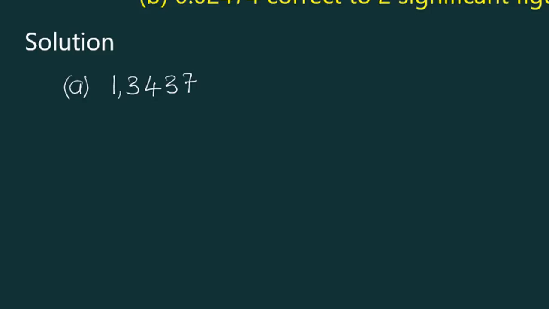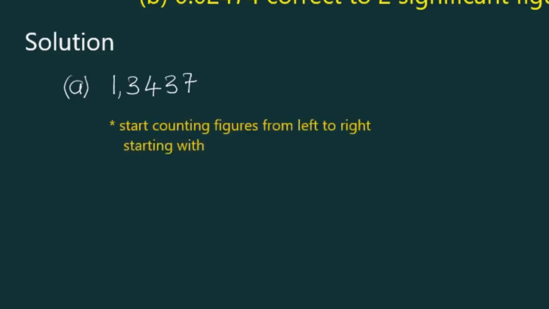So what do we mean when we talk about significant figures? How do we round off a given decimal correct to a number of significant figures? Well, what you simply do is you start counting your figures from left to right, starting with the first non-zero digit.